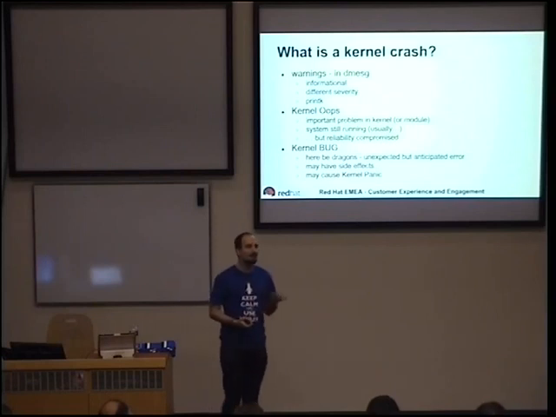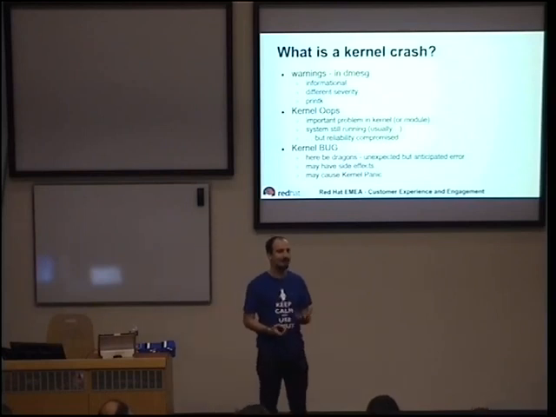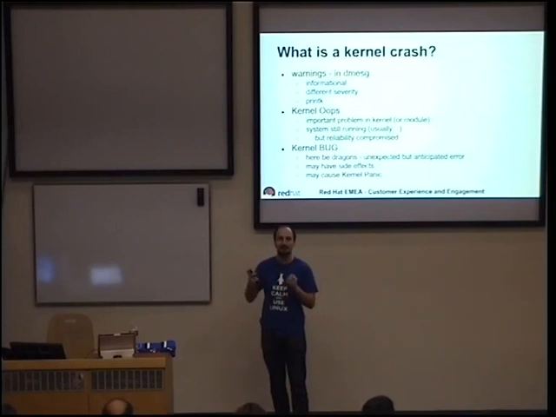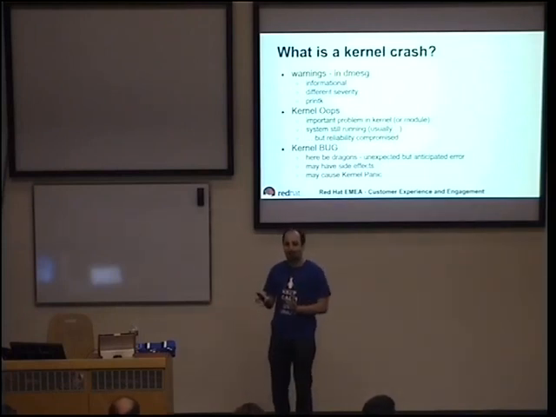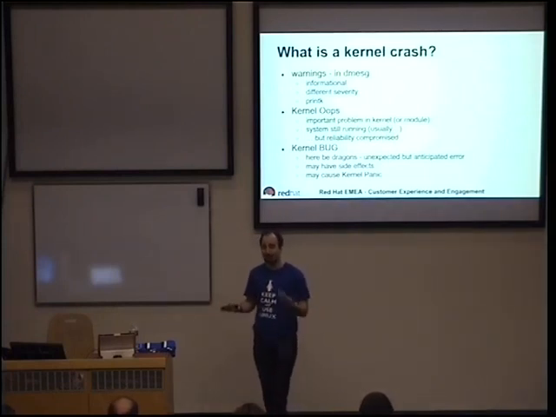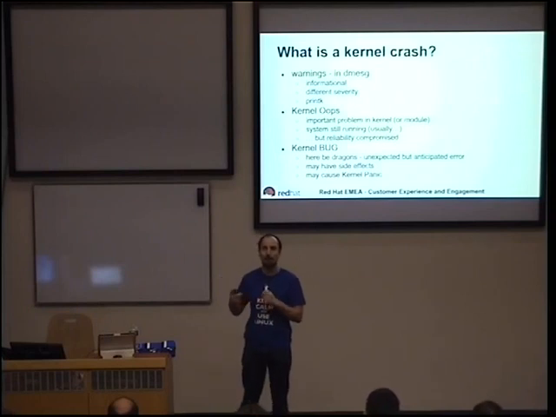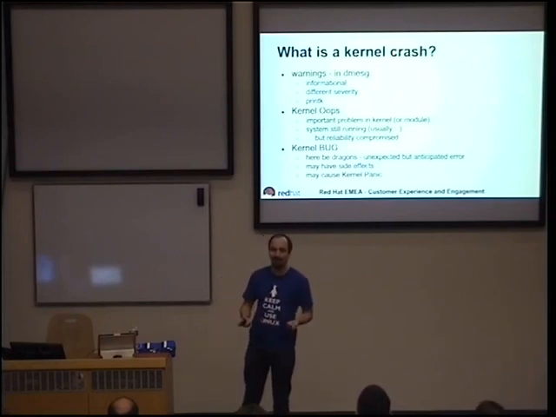Then you have the kernel bugs. Kernel bugs are something that the software developer anticipated. There are situations that the kernel developer thought could happen, but should never happen. So if the kernel reaches a point in a function where it shouldn't ever reach, that would be a problem.